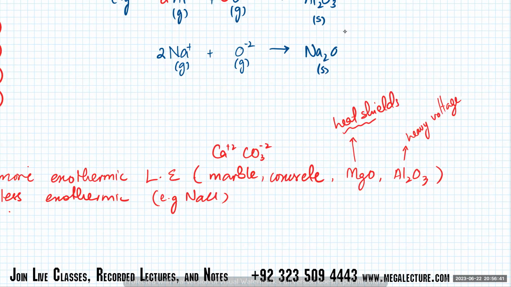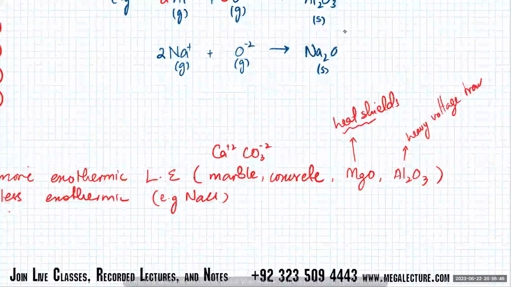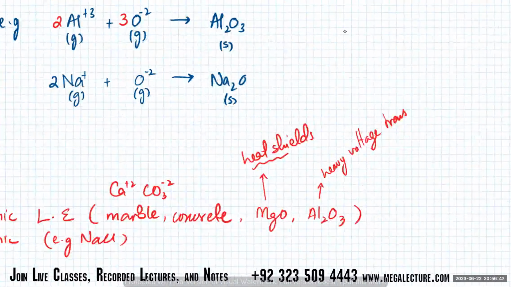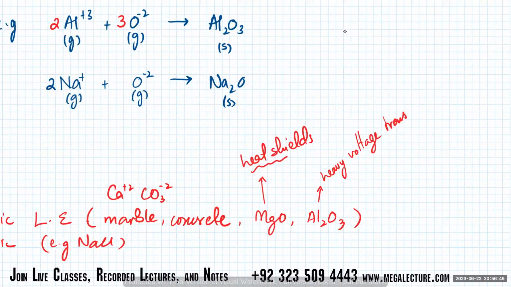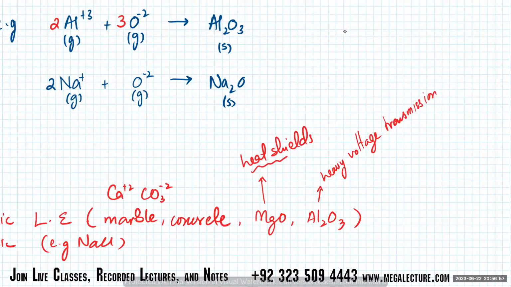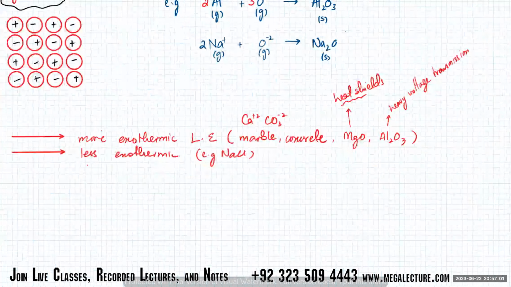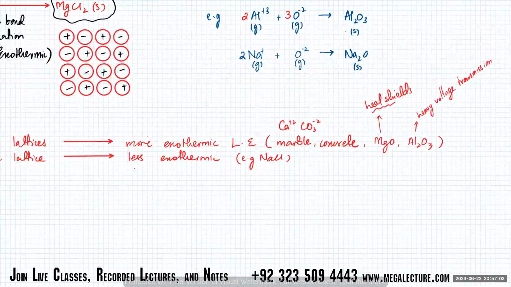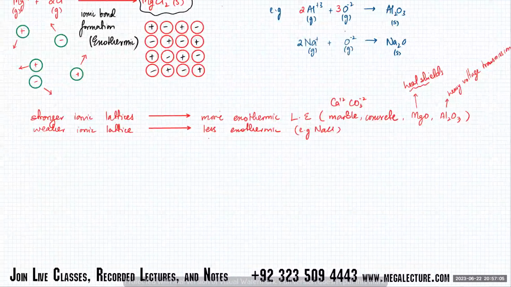So you use aluminum oxide for that. That's used for high voltage transmission. On top of electricity poles, you see these things that are grabbing onto the wire. Even the body of the transformer is kind of made out of a ceramic material as well, like aluminum oxide. So there are things that are very strong ionic lattices.